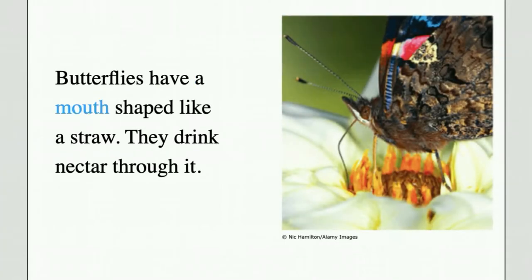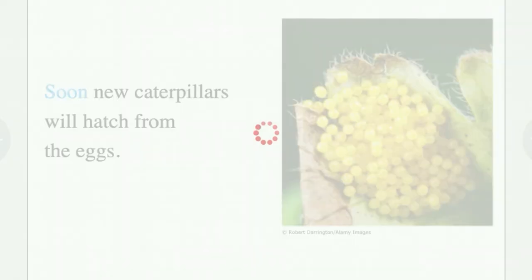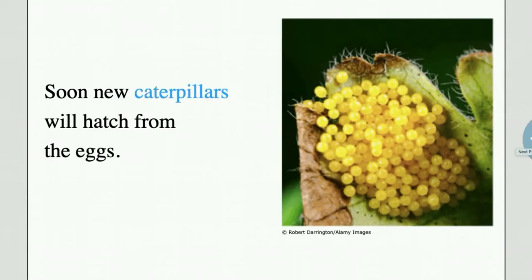Butterflies have a mouth shaped like a straw. They drink nectar through it. Butterflies lay eggs on leaves. They make a sticky liquid that holds the eggs to the leaves. Soon, new caterpillars will hatch from the eggs.